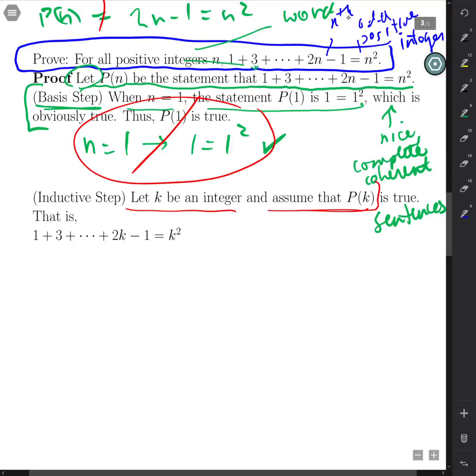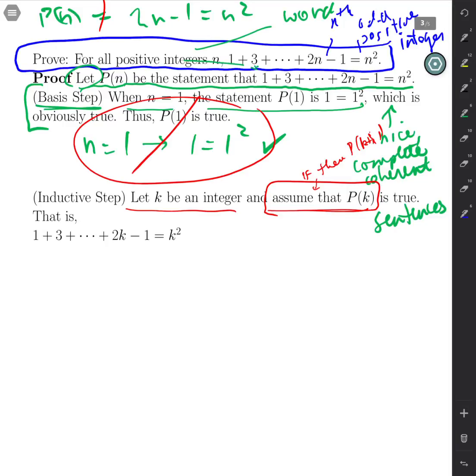We get to assume it's true because the statement is if it's true at Pk, then it's true for Pk plus 1. So if it's true at some place, then it's true for the next one.